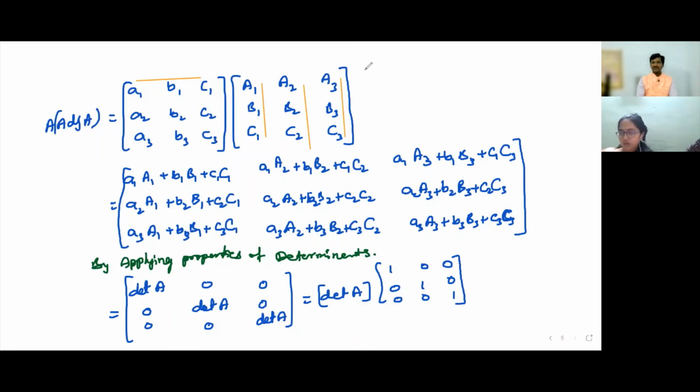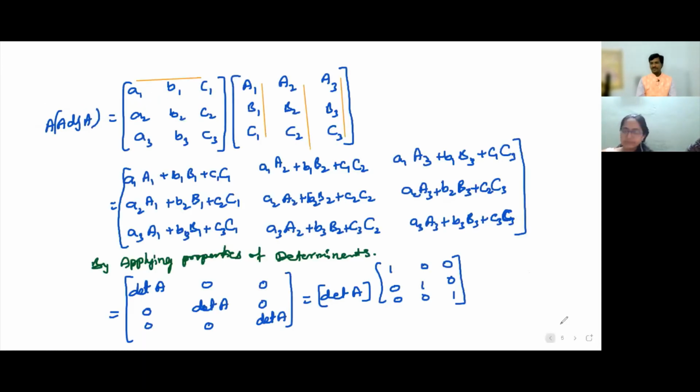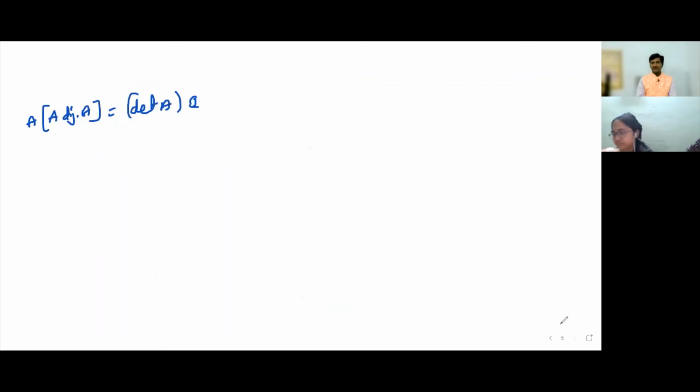Here A into adjoint of A is equal to det A into I. We are getting det A into I. Okay, so take that det A to this side.